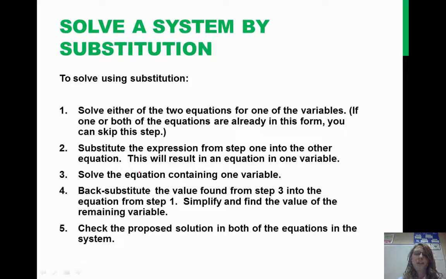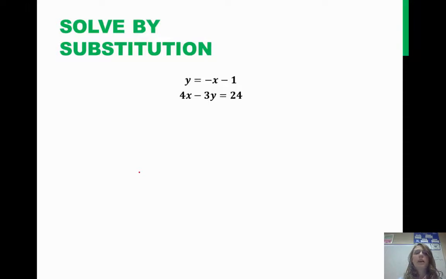Then you'll check to make sure that your answer works for both lines in the system. So this is a lot to imagine, but I'm going to show you exactly how to do this on the next screen. Here we have y equals -x minus 1, and 4x minus 3y equals 24.